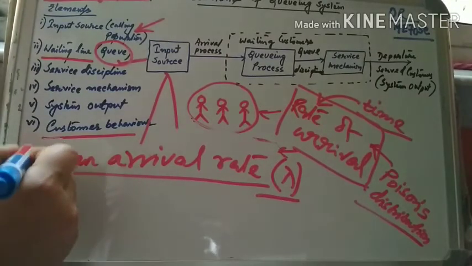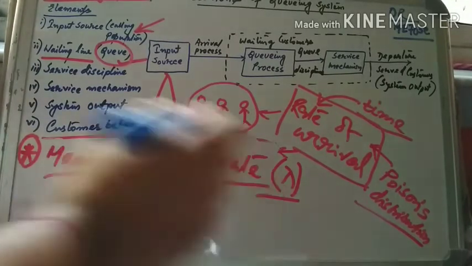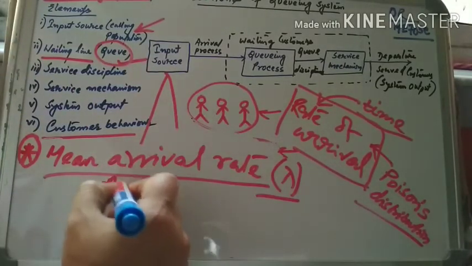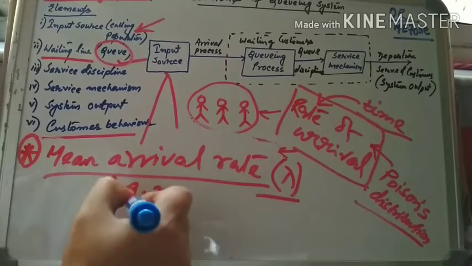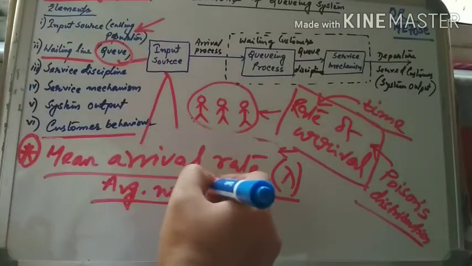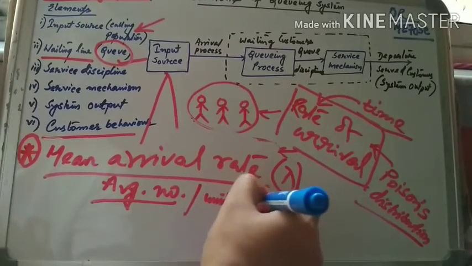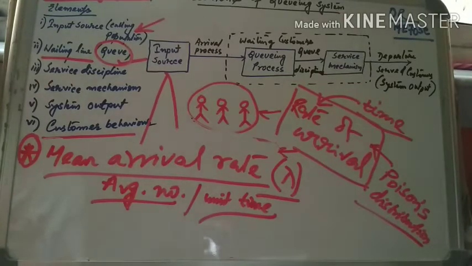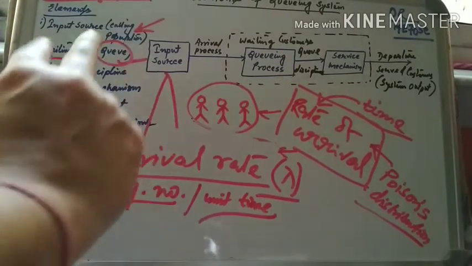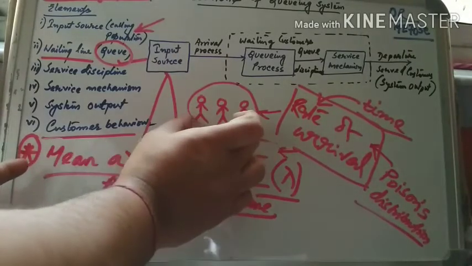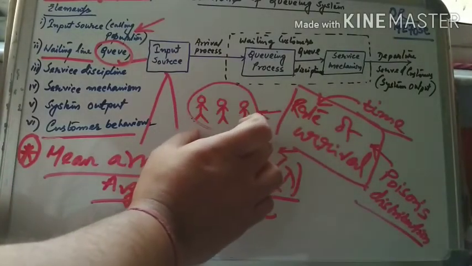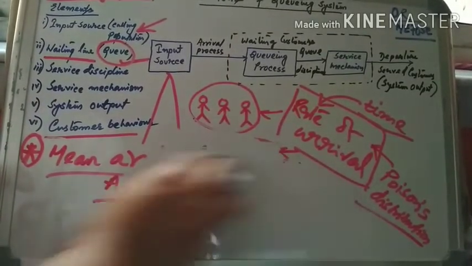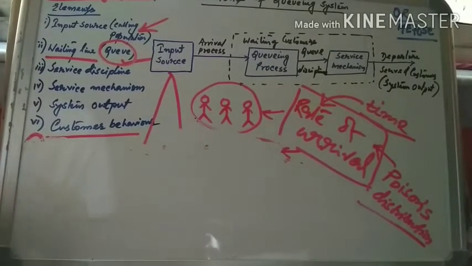So this is the first most important term: the mean arrival rate. It is the average number of arrivals per unit time, and it is denoted by lambda. The next one is the mean time between two consecutive arrivals, the time gap between the first arrival and the second arrival.